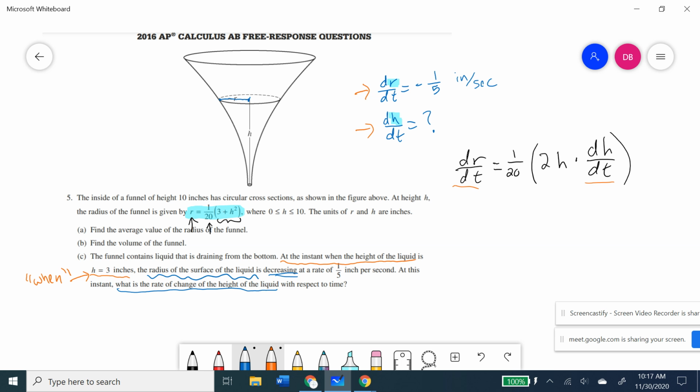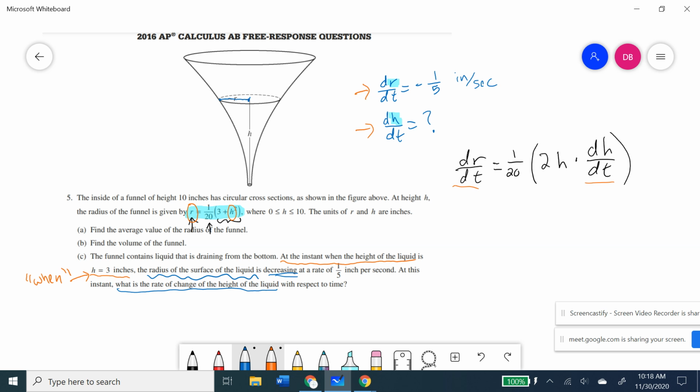If you take a moment to check and you notice that you don't have all of them, you've got to remember you are differentiating implicitly with respect to time. R is not time, H is not time. Both of them have to be dealt with as chain rule functions. And dr/dt didn't need the chain rule because if you found the derivative of r with respect to r, it'd just be times 1.